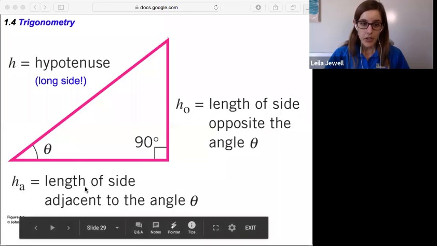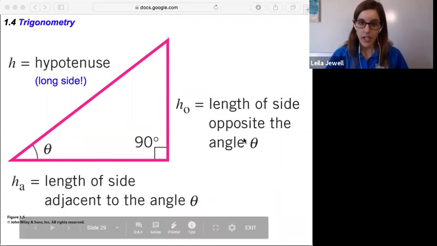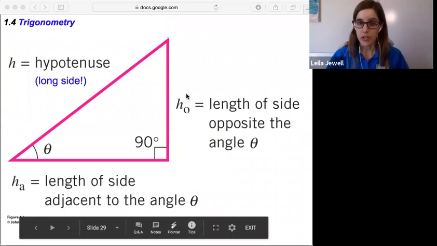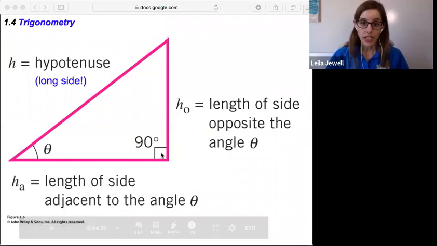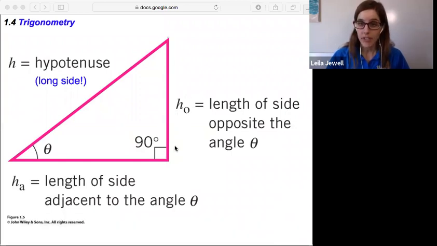And then there's two other sides. There's the adjacent side, h sub a, which is the length of the side that is adjacent to this angle theta. And then there's the opposite side, which is noted with this h sub o, the length of side that is opposite angle theta.